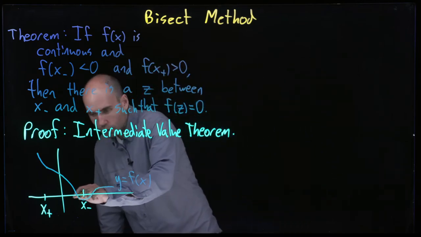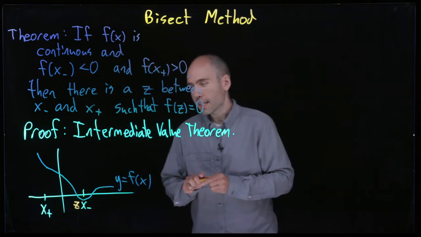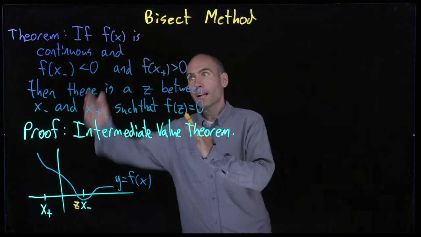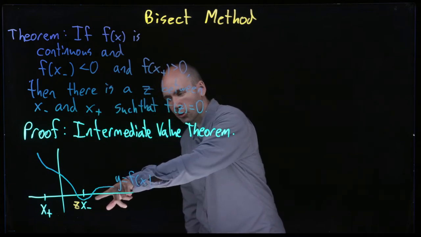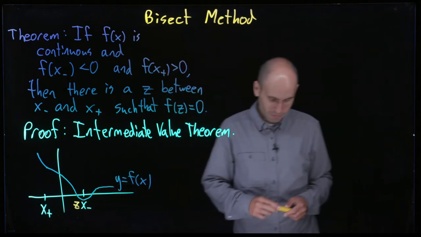And so this value here would be the z that we're looking for. There's another possible value of z here on the right, but the intermediate value theorem or the bisect method aren't going to find this second value of z. They're only going to find this one that's in between.